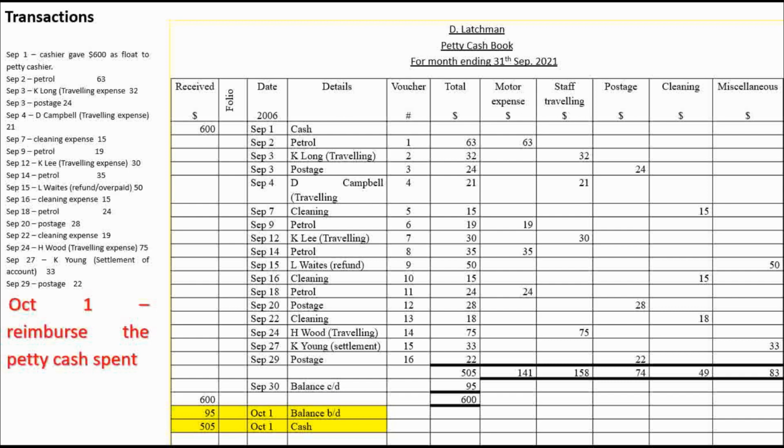And normally the cashier gives the petty cashier $600. So that means the total amount that was spent for that previous month was $505. So the cashier will give the petty cashier $505 at the beginning of the month, which will end up back with $600.